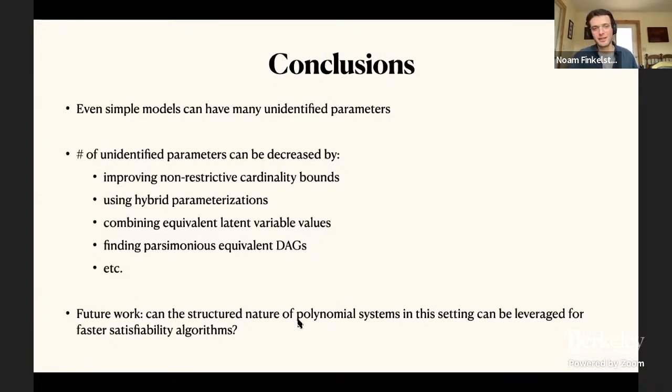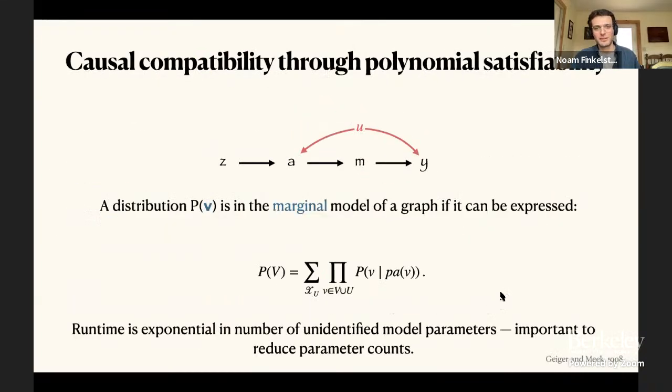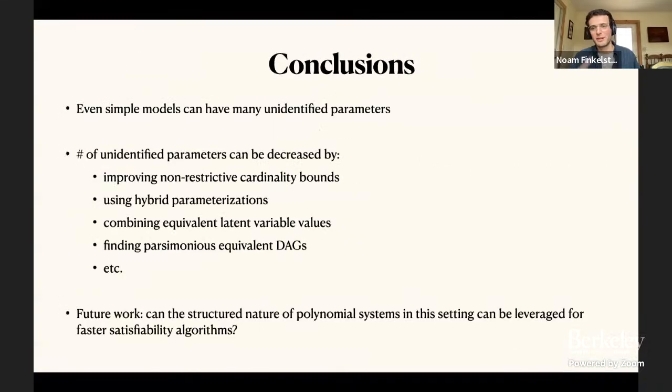And the last thing I want to mention is that if you look at these polynomial systems, they have a very, very specific structure. All of the equations in the system have the same number of terms, all the terms have the same degree, and so on and so forth. And I think there's probably a polynomial satisfiability algorithm that can take advantage of that structure.